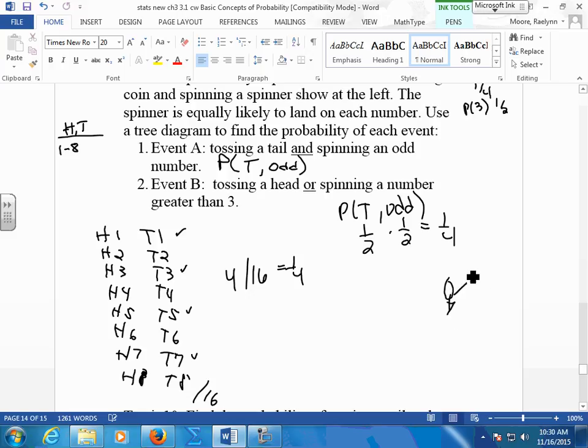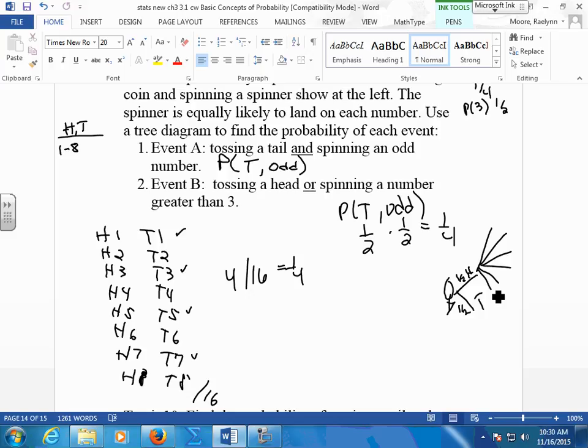Here's your tree. Heads, tails. Isn't this 1/2? 1/2? And aren't these all 1/8, 1/8? And then you've got 4 of those all together, 4/16. Does it work out the same on your tree? I want you to be able to see these multiple ways.